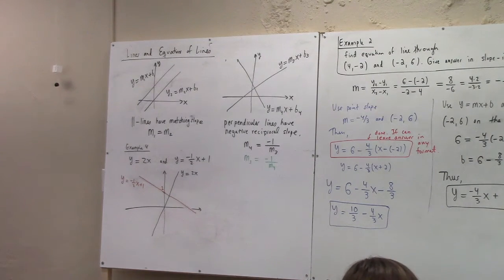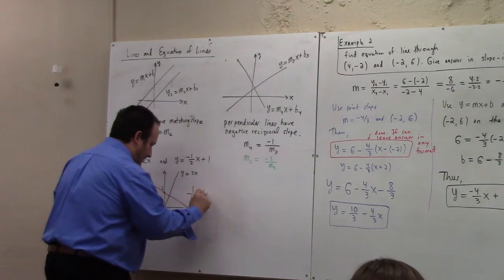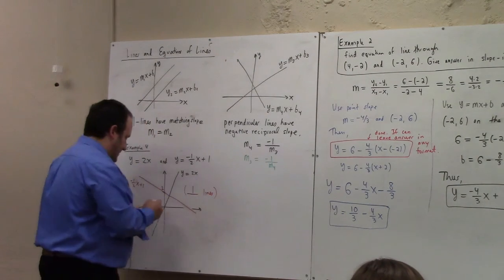And these lines are what? These lines are perpendicular, right? Are these lines parallel?